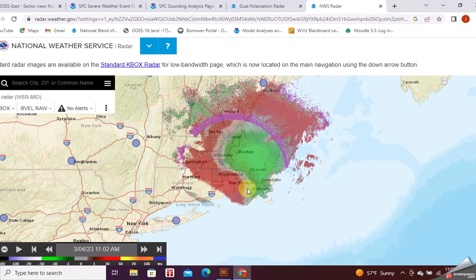And notice here, this is zero. So in other words, if you were to draw an arrow from here to here at this elevation, this is the wind direction. Closer to Boston, closer to the radar, lower levels, the wind is out of the south. Up here, more northwest.